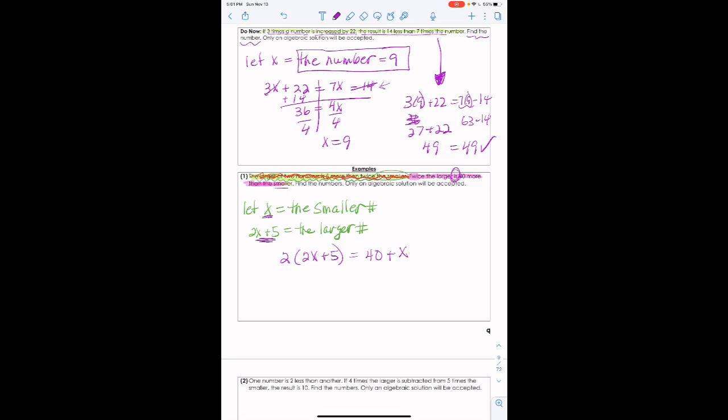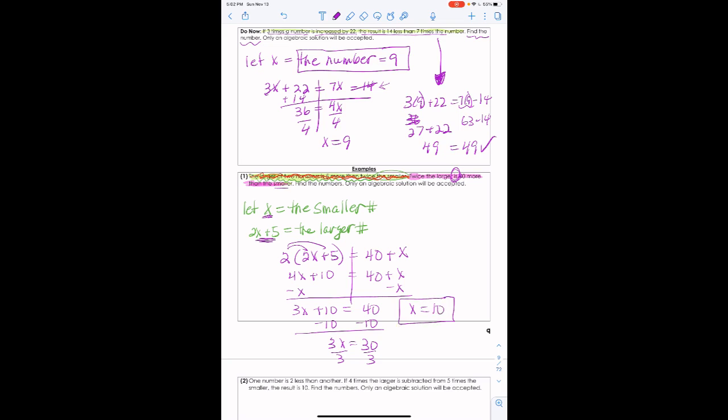All right, and then from there, I'm going to solve. And hopefully you guys agree that we're all going to get x is equal to 10.